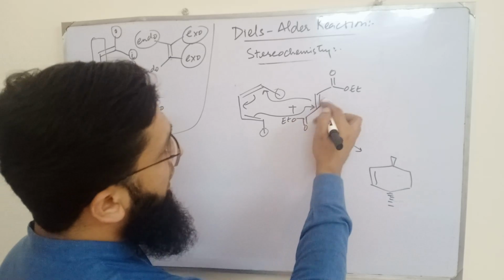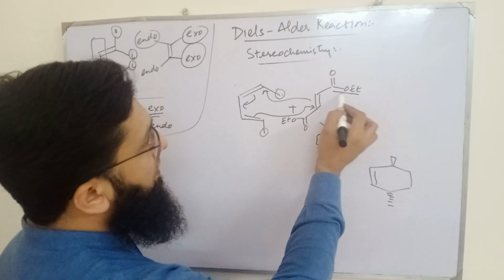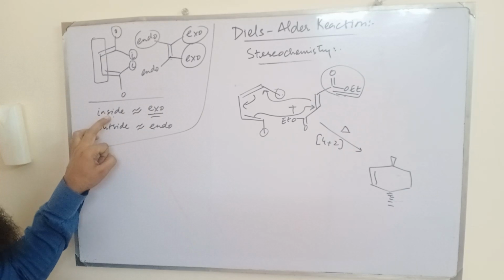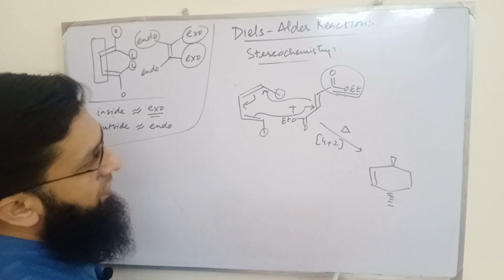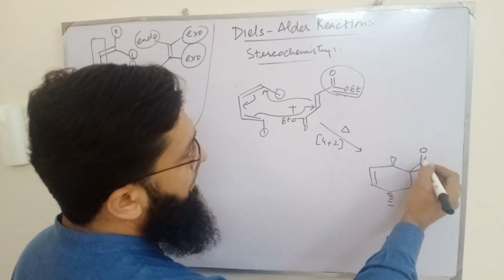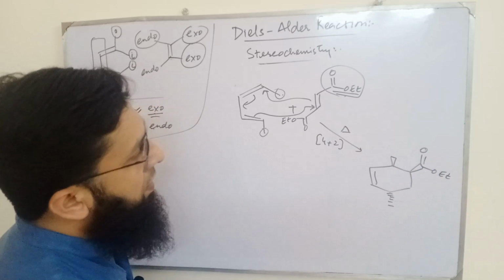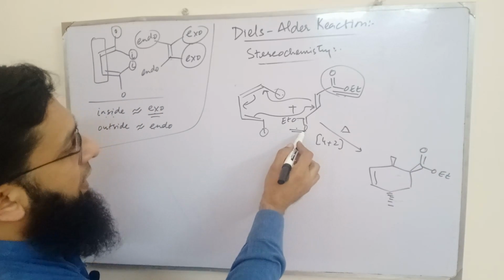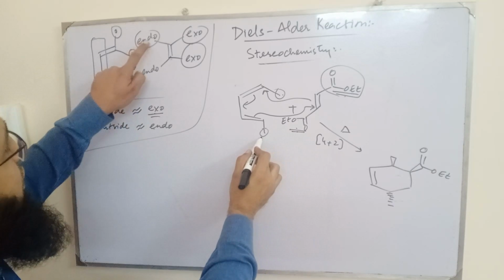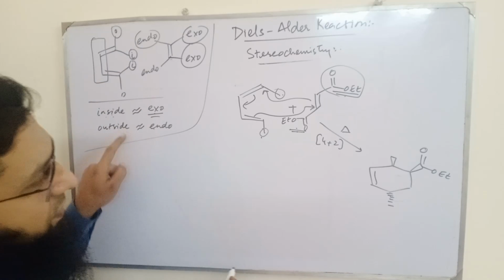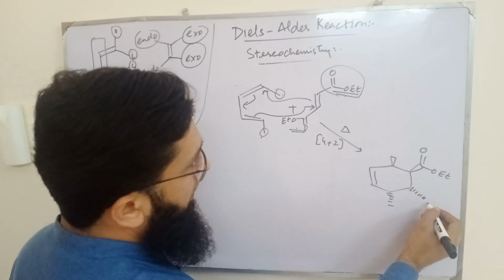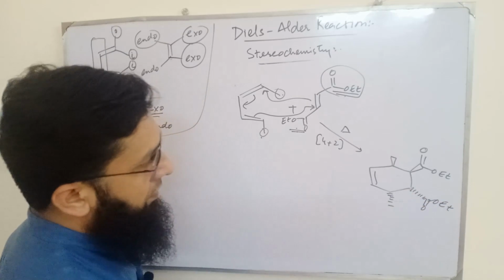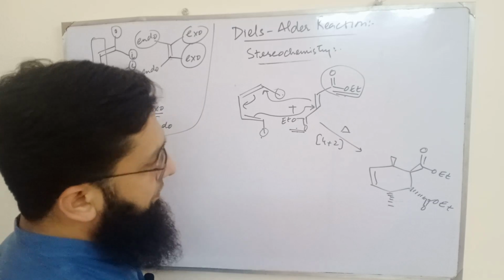And now here they have again opposite, and this one is having the same configuration because we have already discussed that inside would have the same stereochemistry as that of exo, so this would also come above the plane. And this is endo substituent, and endo and outside have the same, so this would come on hashed wedge. So this is our product.